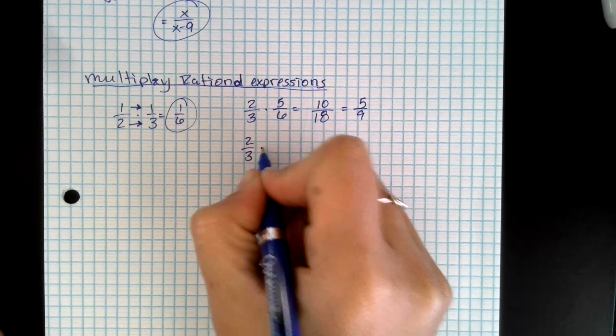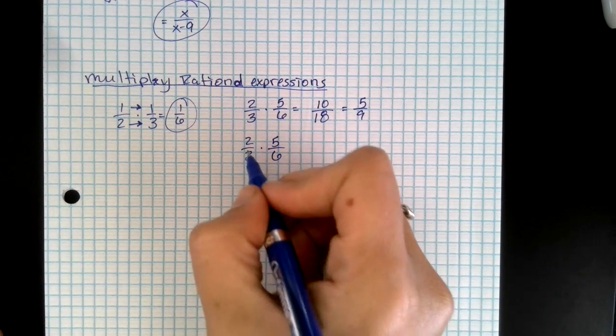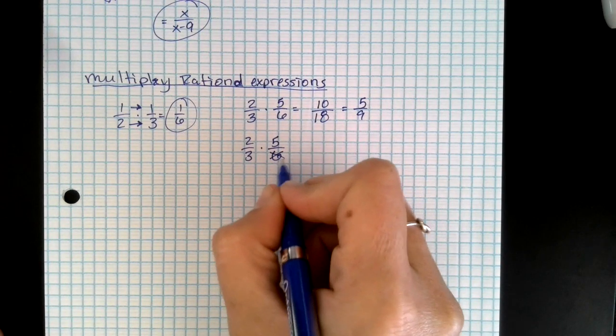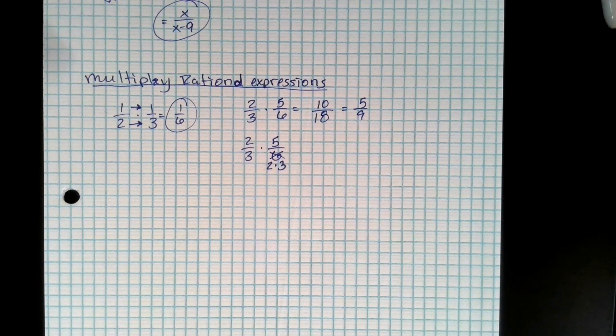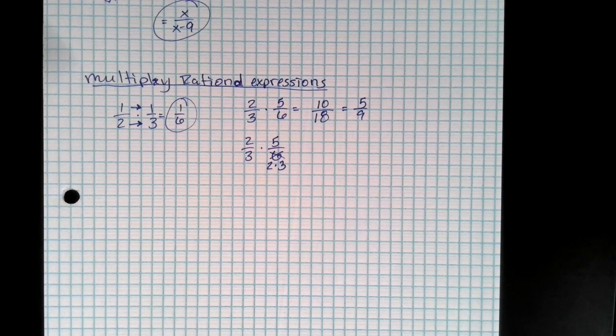Now, another way that you can do this is if you have 2/3 and 5/6. 2, 3, and 5, those are all prime numbers. I can't simplify those any. But 6, I can split down into 2 times 3. Now, the way that this works with multiplication is it doesn't matter which fraction it's in, as long as you have the same thing on the top as you do the bottom.